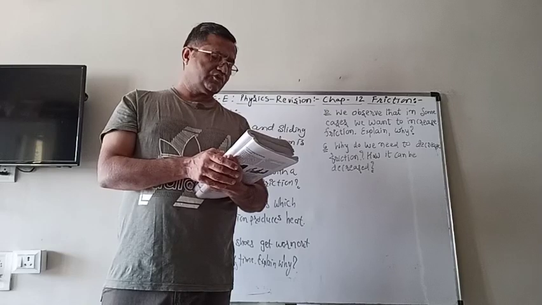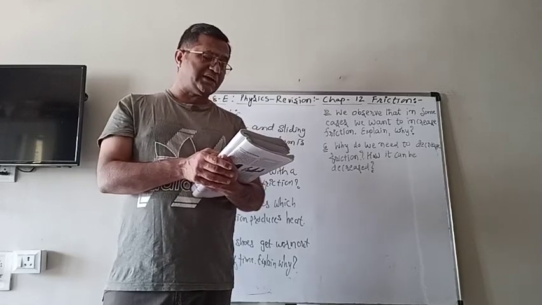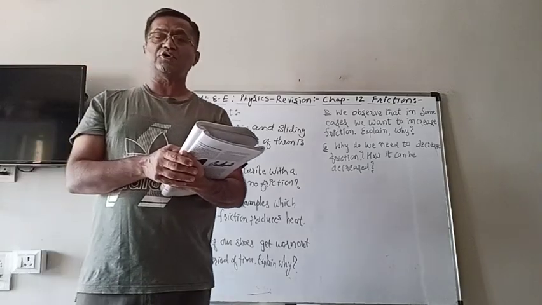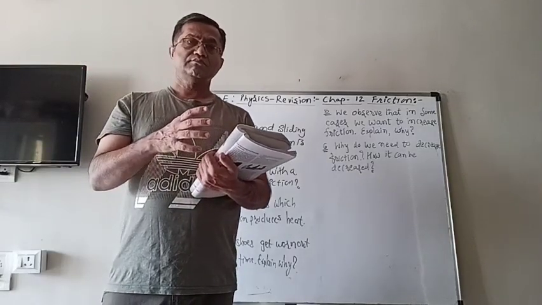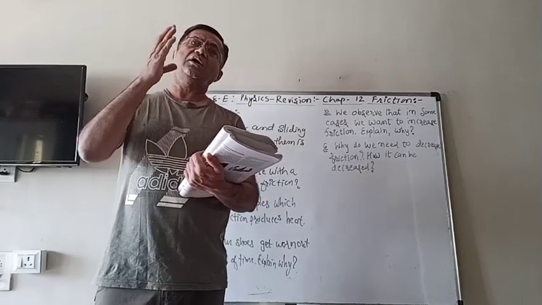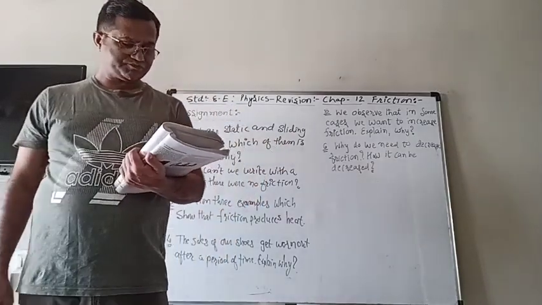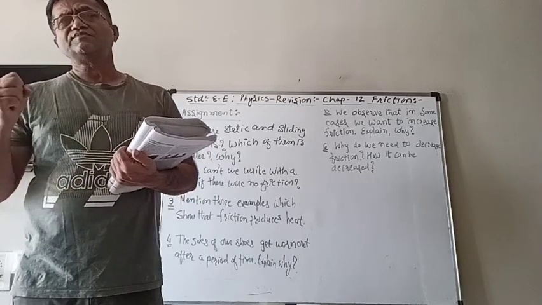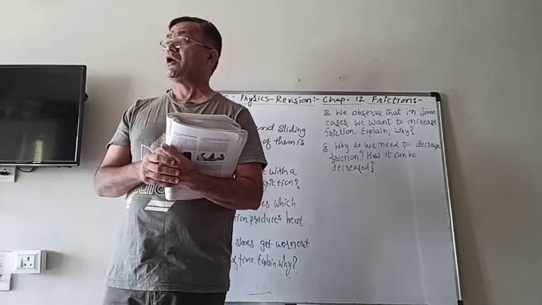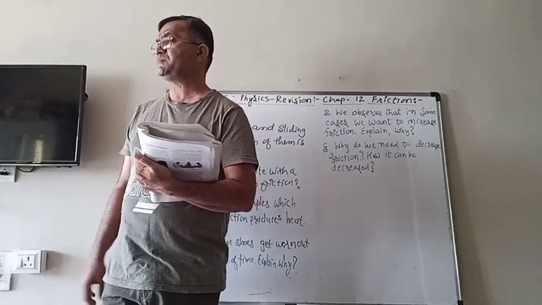Similarly, without friction, no building could be constructed. Buildings can be constructed because there is friction, and therefore it is possible to build. So these are the examples in which friction is necessary.